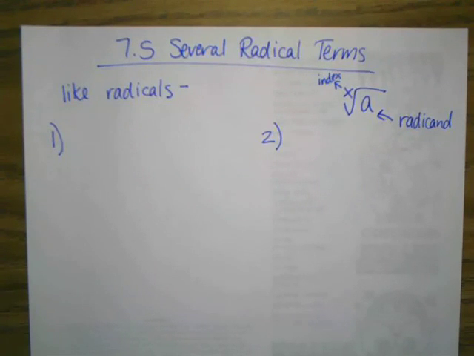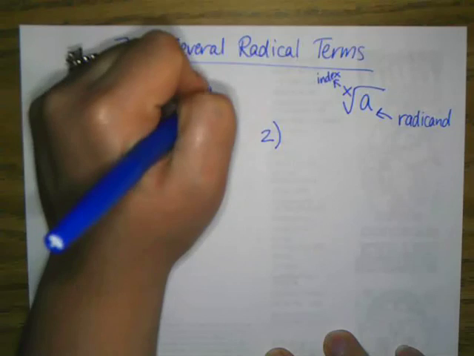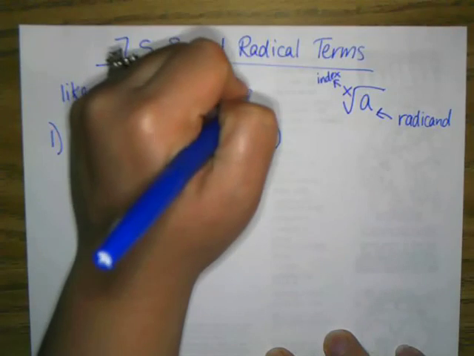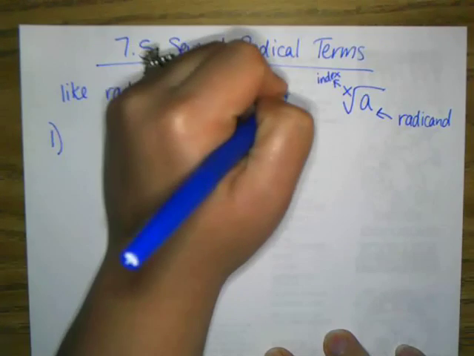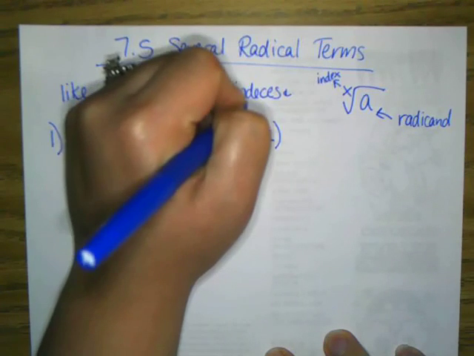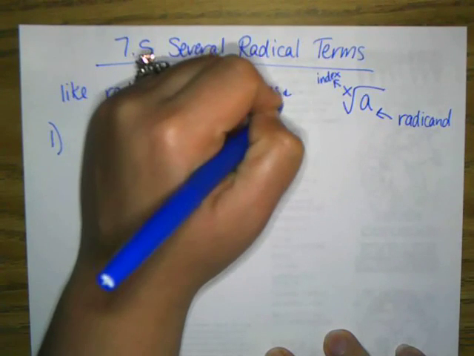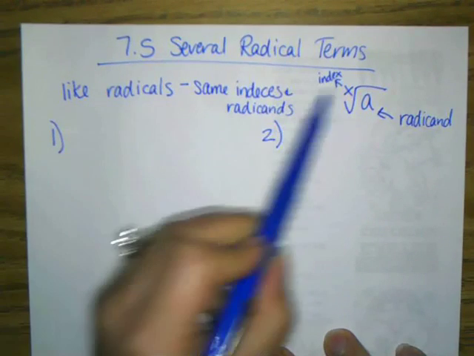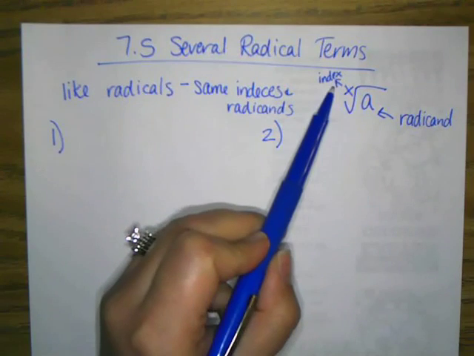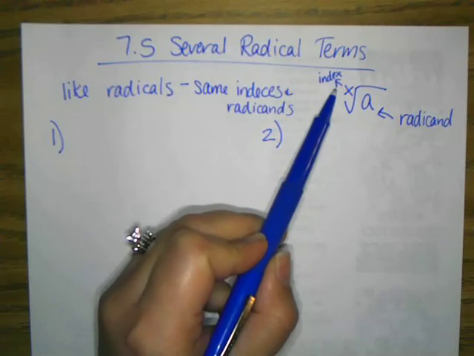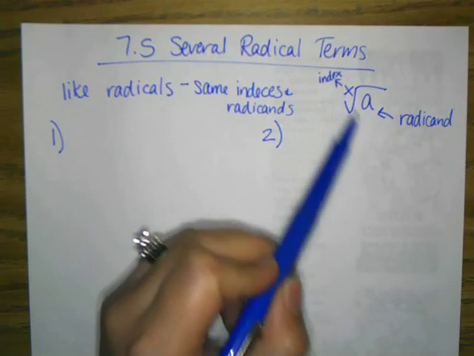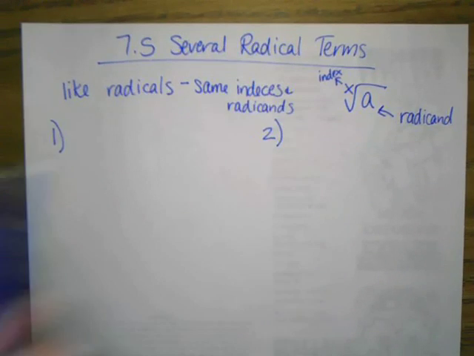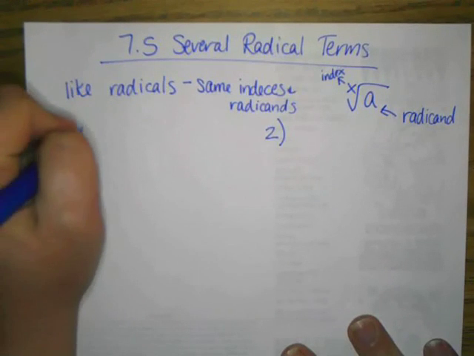Now we're talking about like radicals. Like radicals have the same indices and radicands. So if you look over at my picture, this little root is the index, or plural indices, if there's more than one of them. And the radicand is the number under the radical.